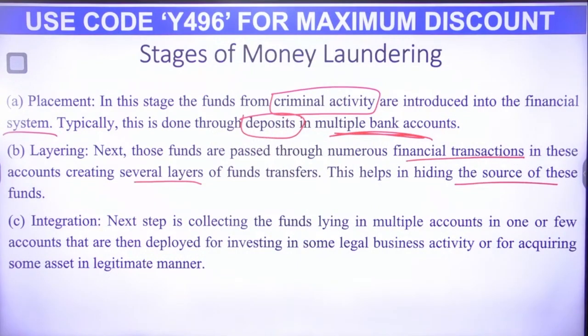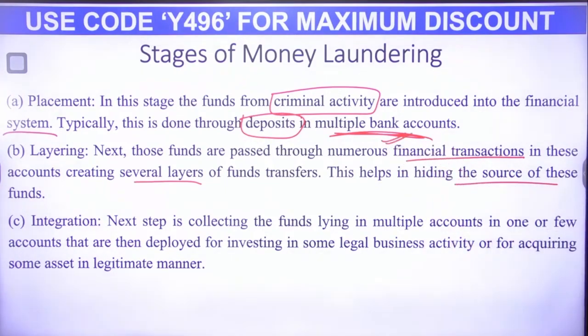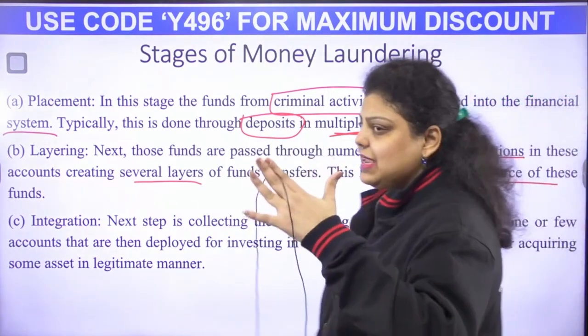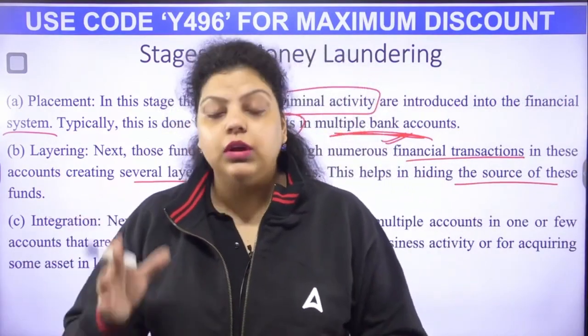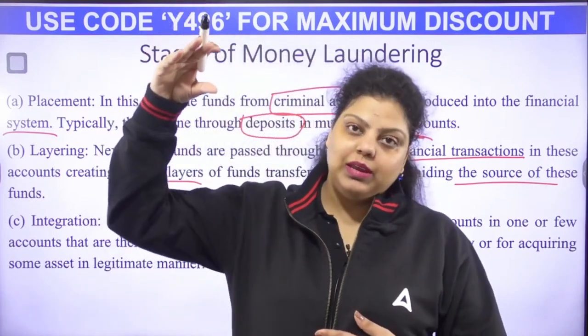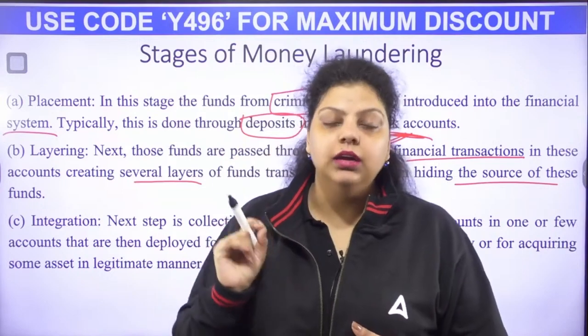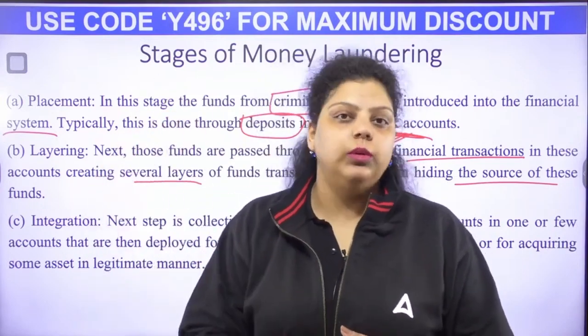So you are making that money go through numerous financial transactions, creating several layers of fund transfer from account A to B, B to C, C to D, D to E, E to F. Different accounts are there, and you are transferring from multiple accounts, so that a layer of transactions is created, and it becomes hard to find out from which particular account the fund was first circulated.